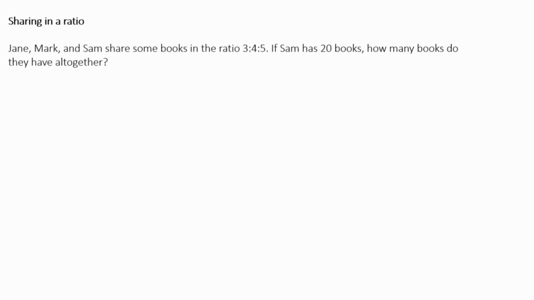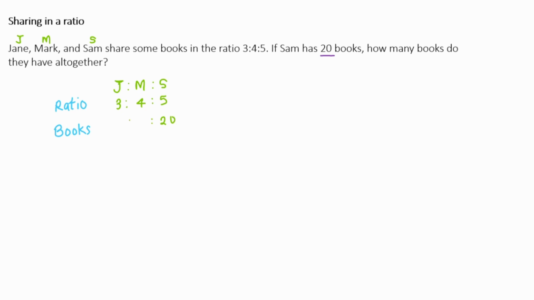So we have been given the ratio in which they have shared the books, and we can write the ratio of Jane as J, Mark as M, Sam as S. So Jane to Mark to Sam is 3:4:5. We have then been told that Sam has 20 books. So under Sam, we can write the number of books that Sam has, which is 20. And we need to look for how many books they have altogether.